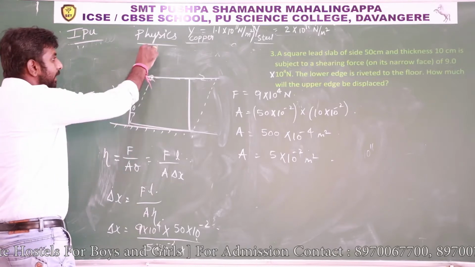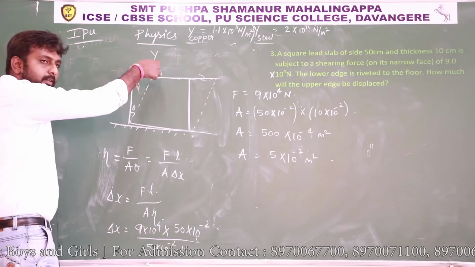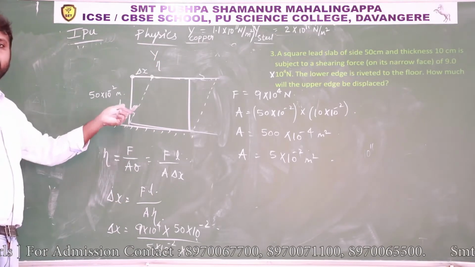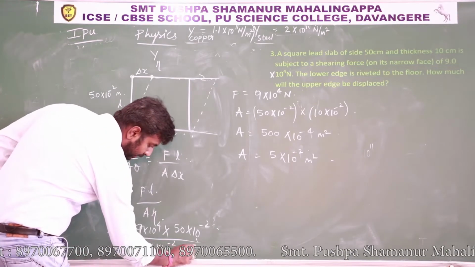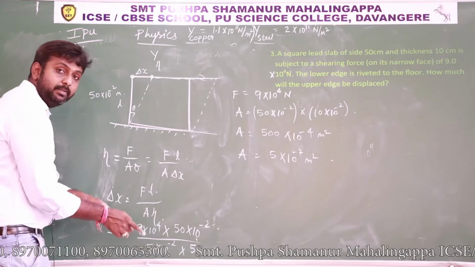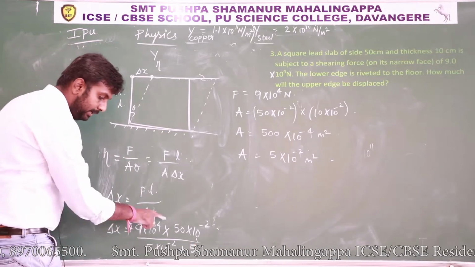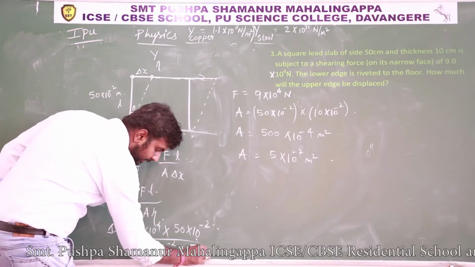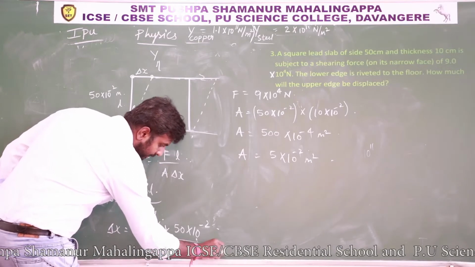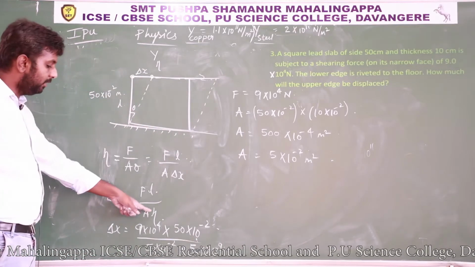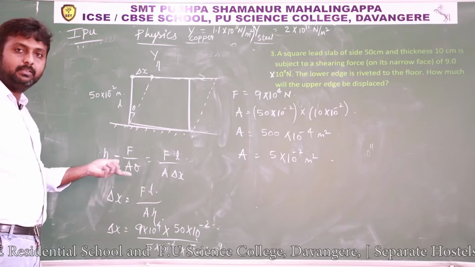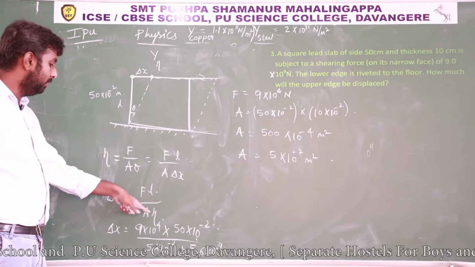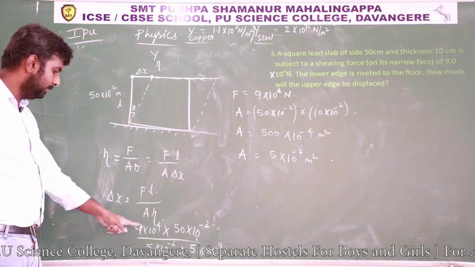Eta is the rigidity modulus. For different materials the value is different. For lead the value is given in the question. So the eta value is 5.6 into 10 to the power 9. This is the rigidity modulus of lead. You can see in the table in the NCERT book different values for different materials.